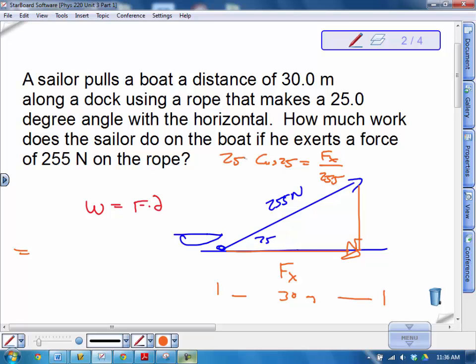Multiply both sides by 255, and that's what I use for my force right there. That's the force in the direction of motion. So work would be equal to 255 times cosine of 25, that's the force, times the distance of 30 meters. And if you do that, you should get about 6,933.3, and that's joules for work.